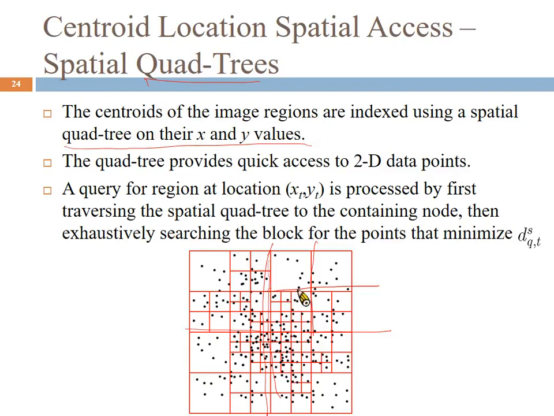According to the number of points, where a point corresponds to the centroid of an image region in the database, we determine whether we will further divide each smaller part into even smaller parts. Here we can see that there are many centroids located around the central part, so the central part of this image plane may be divided into many small regions.